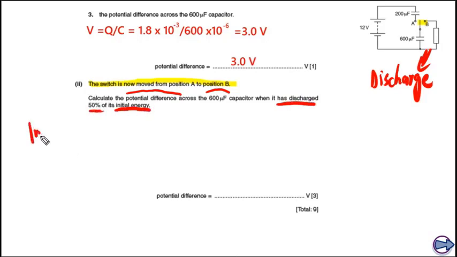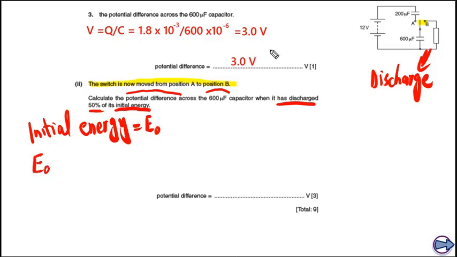So we can say its initial energy is E naught. We can calculate E naught because we have the value of the potential difference across the 600 microfarad capacitor.